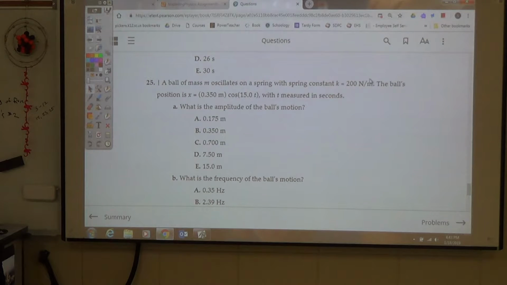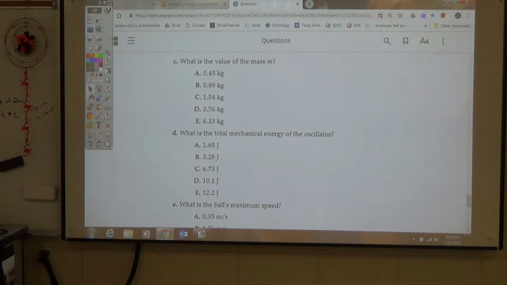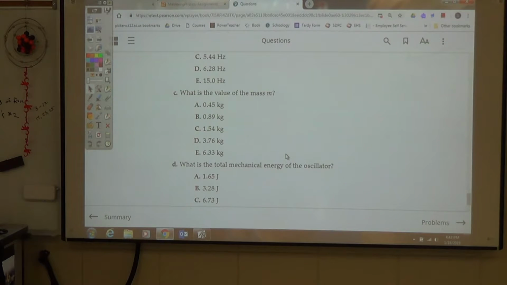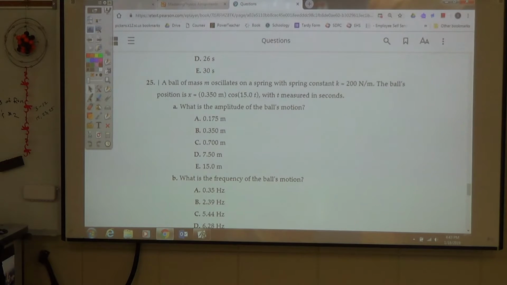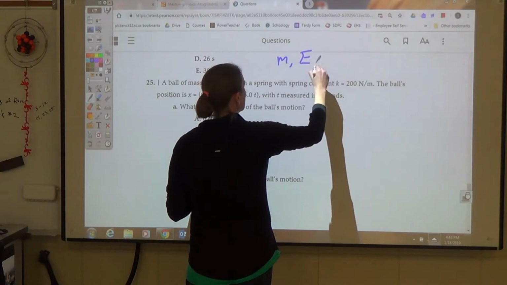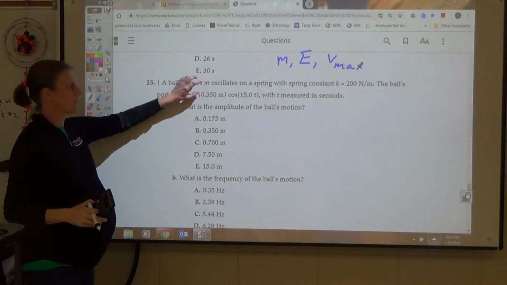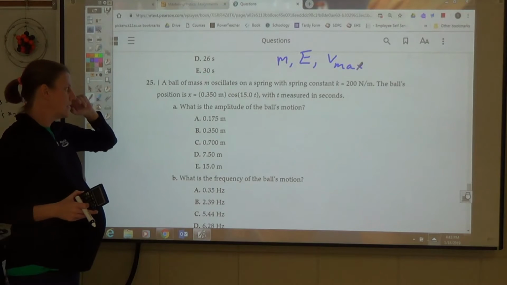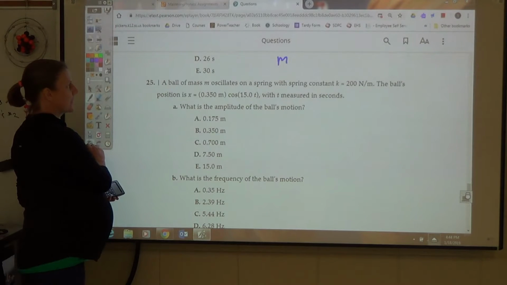Alright, note k is 200. I just want to leave it where I can see the given information. Part C says, what's the mass? And I wonder if I can bring back what I just had.